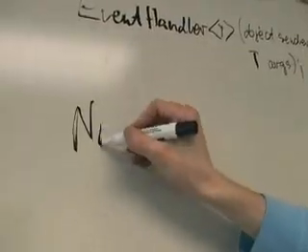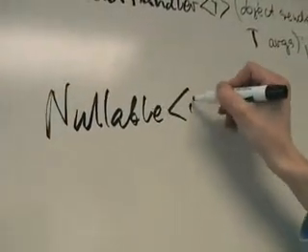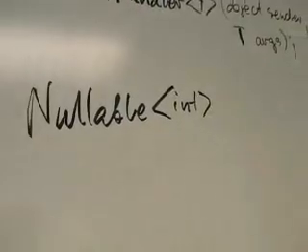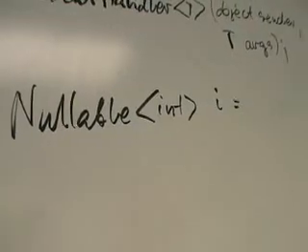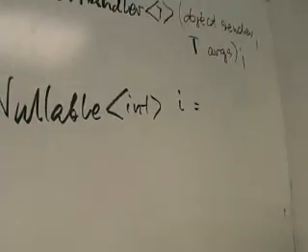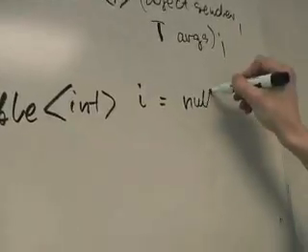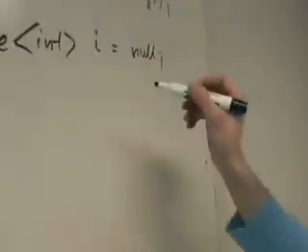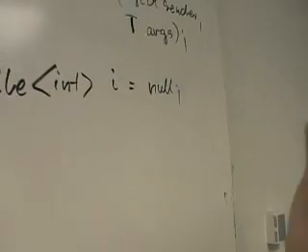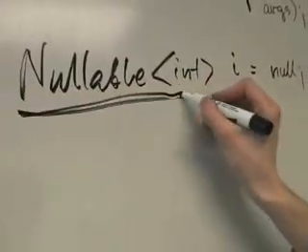You can declare nullable of int i, and it creates an integer-like type that actually can have a null value. So you can assign null to the type. And actually here the compiler, this is a structure, this is a value type.